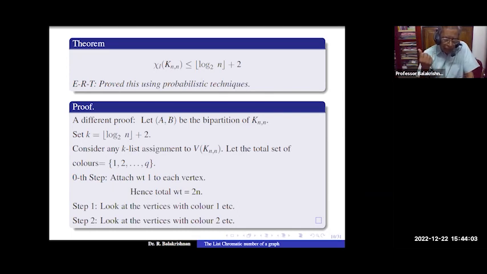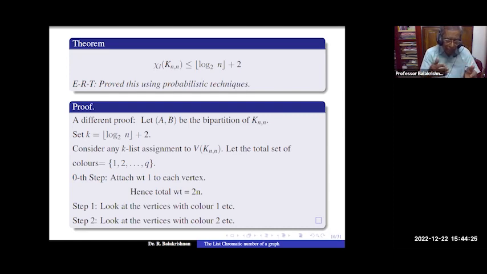What about step 2? What is the next step? I again look at the remaining vertices of X and the vertices of Y. I do the same thing. Because I have finished color 1, I now look at color 2. How many vertices are there in the A part having color 2?